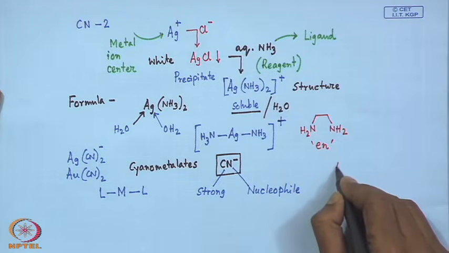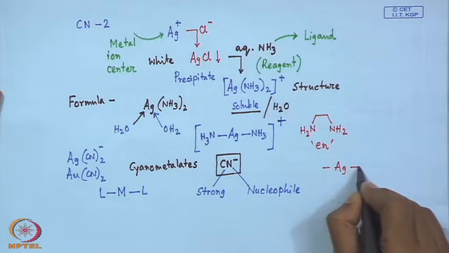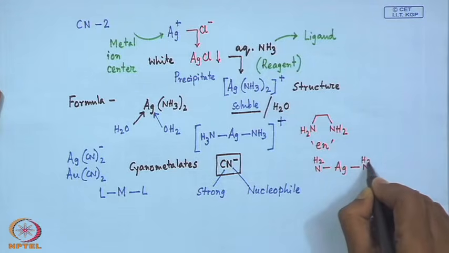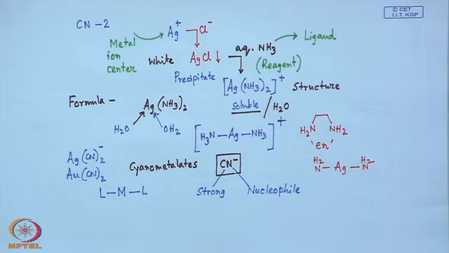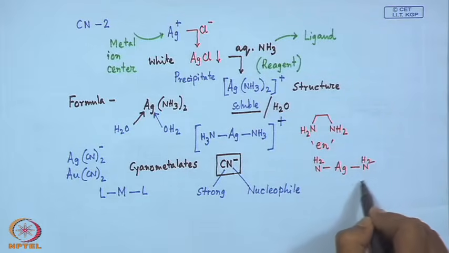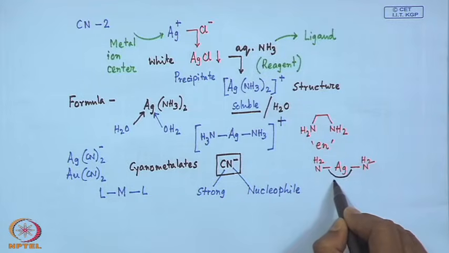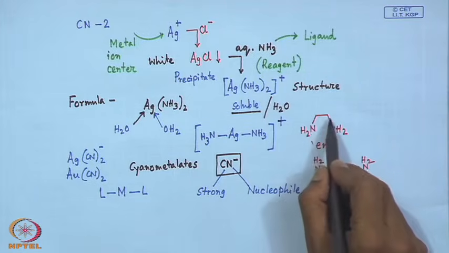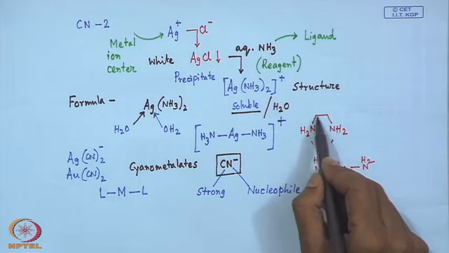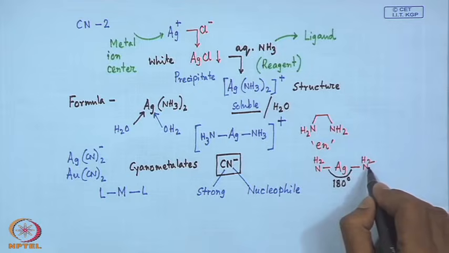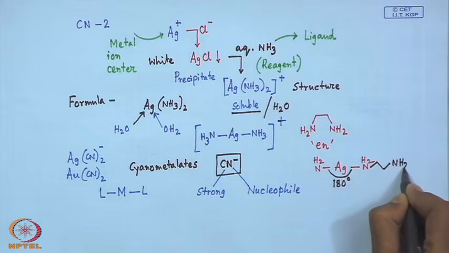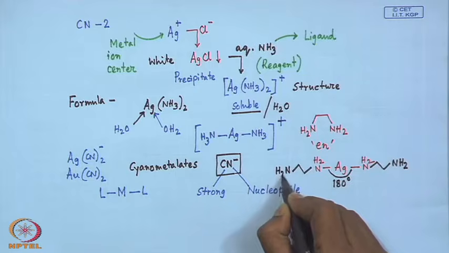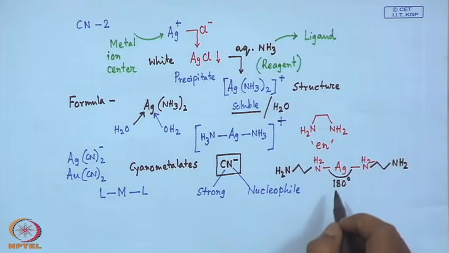If we have silver here and try to have the NH2 function from this end and the NH2 function from this end, we will see whether it can span the entire range, that means an angle of 180 degrees, which is not permissible for an ethylene backbone. So, we find only monodentate coordination of ethylene diamine from one side and another from the other side, giving rise to a different type of species.